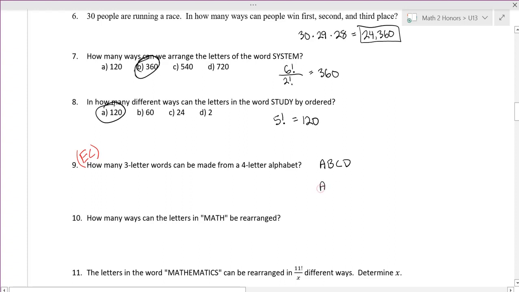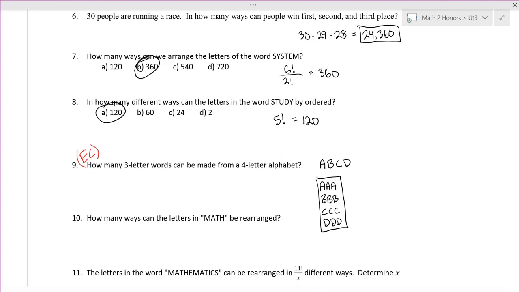So you can have all of them being A's. That would be a 3-letter word. Or all are B's. And when we say a 3-letter word, it does not have to be a word that is in our dictionary or anything like that. It's just a combination of letters. So there's 4 different ways to have repeats, right?